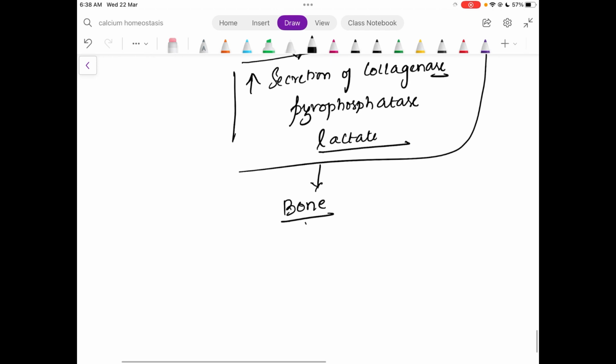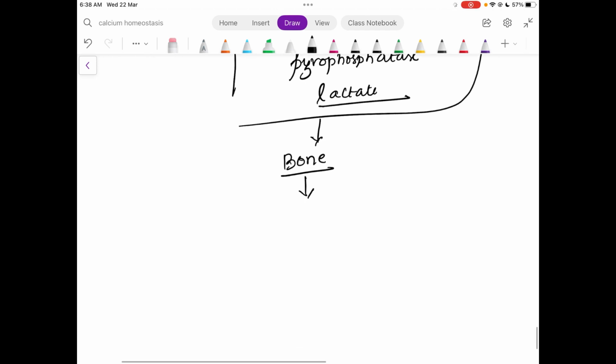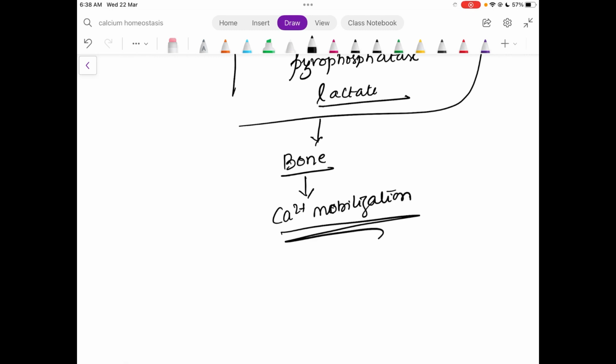These enzymes will act on bone and cause calcium mobilization. That means whenever calcium is decreased, this PTH will act on osteoblast and increase RANKL expression, and this RANKL will bind with the RANK and cause synthesis of osteoclast.